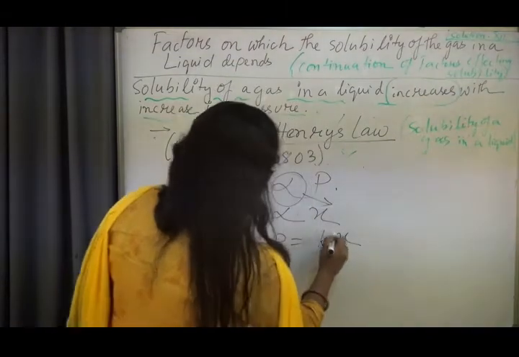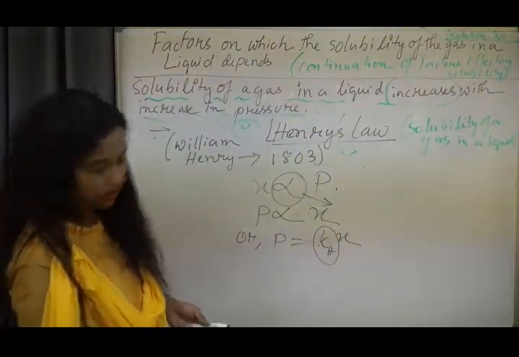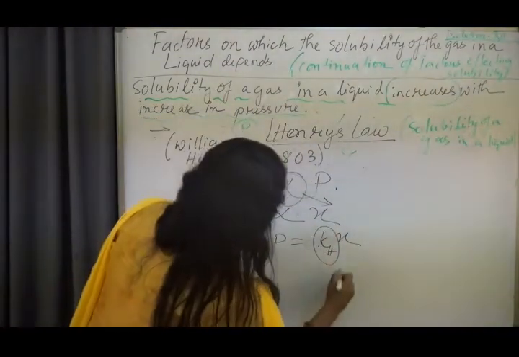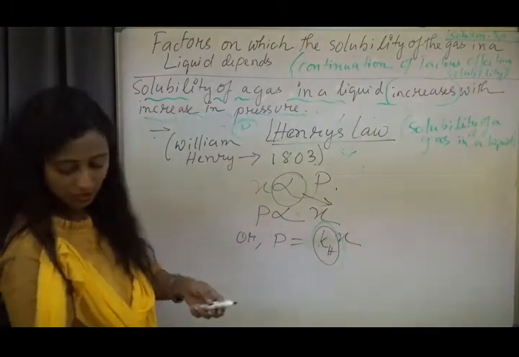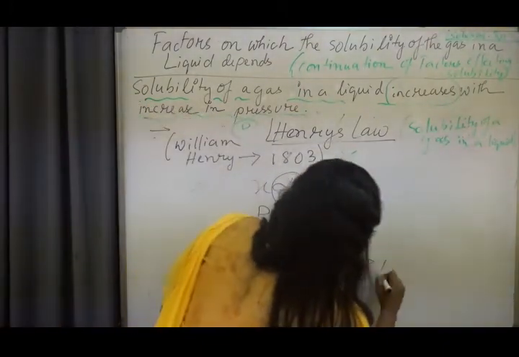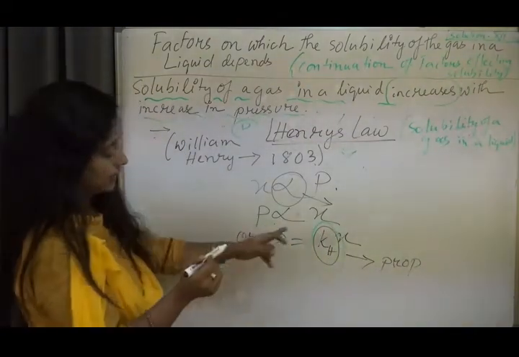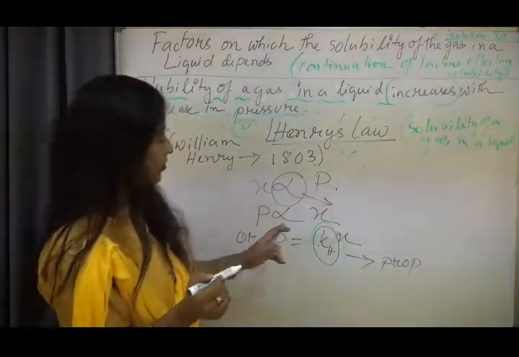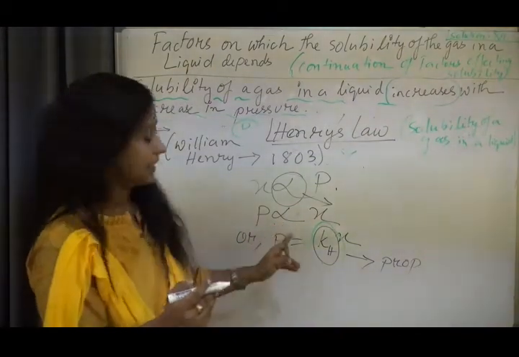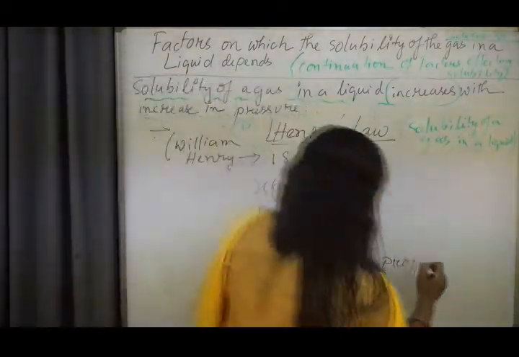KH into X. This term is known as the proportionality constant. If you remove the proportionality sign, we know that a term should be added to make it an equation.